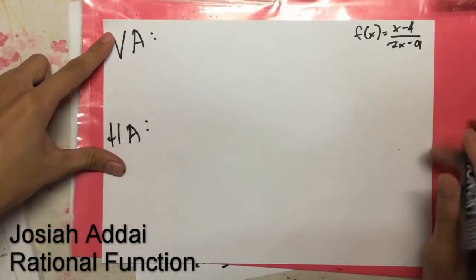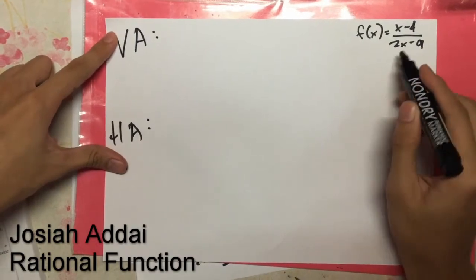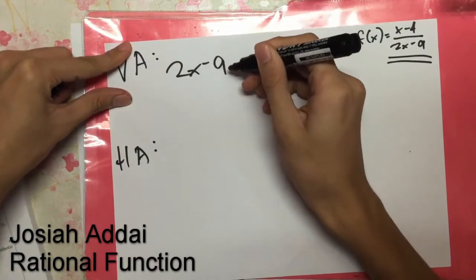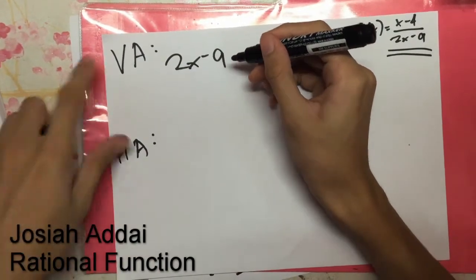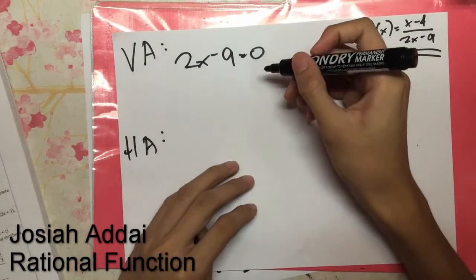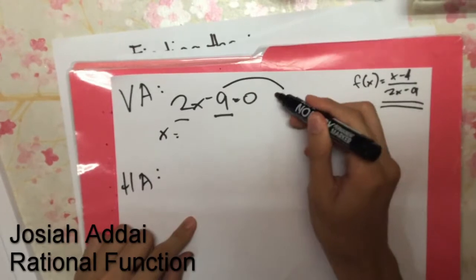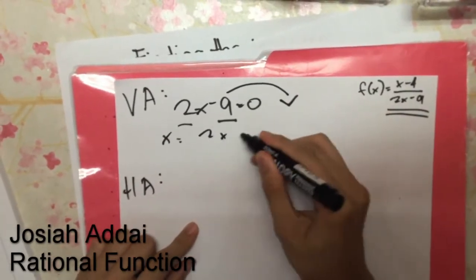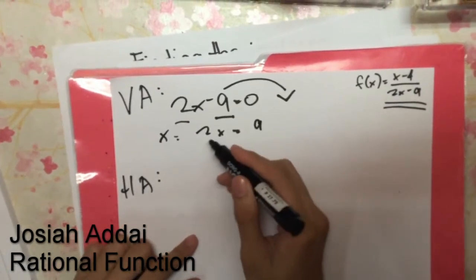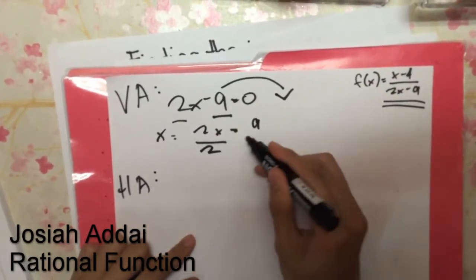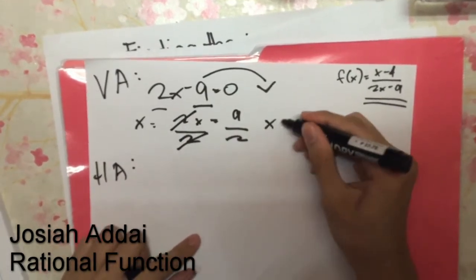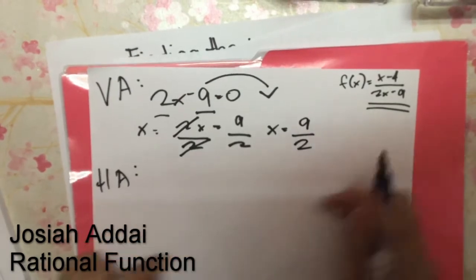In the vertical asymptote, we're going to use the denominator. So 2x minus 9, and we set it equal to 0. After that, 9 goes to the right side, so it becomes 2x equals 9. After that, we divide both sides by 2, so the 2s cancel out. So x equals 9 over 2.